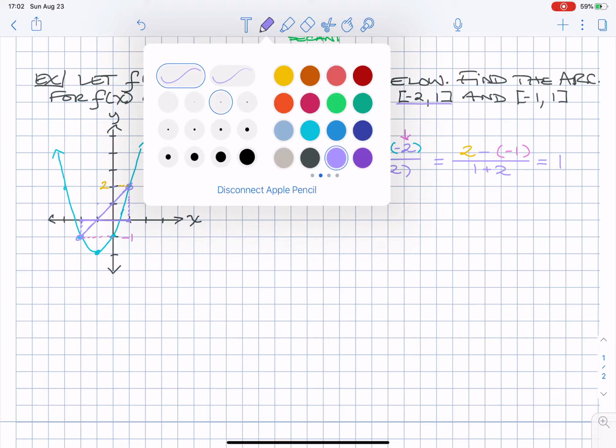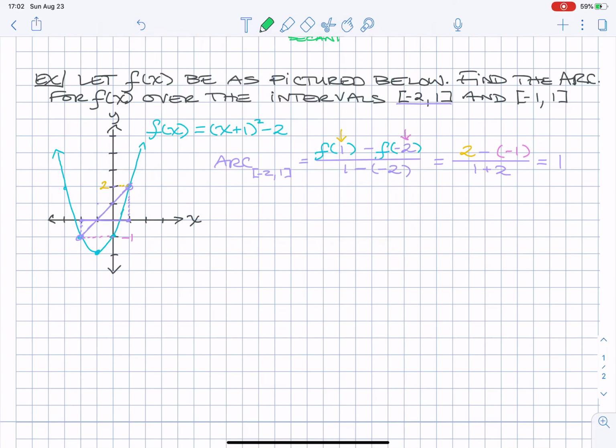So now let's look at the average rate of change between -1 and 1. So now between here and here. That corresponds to this point here and that same other point there.